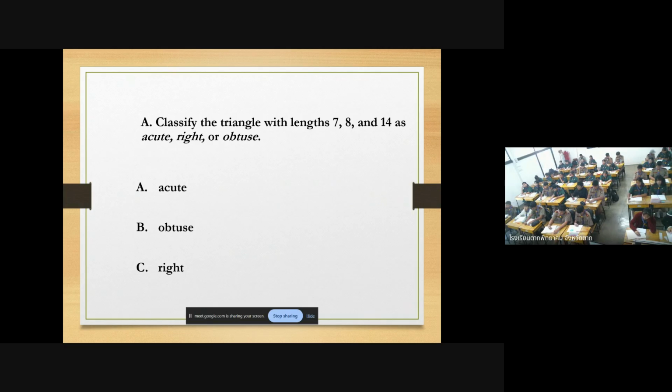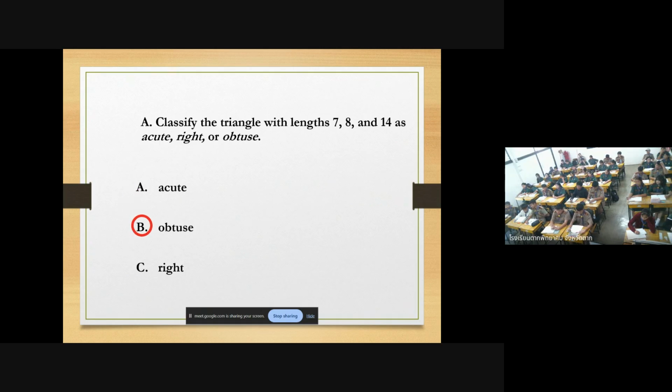What is the answer? Okay, very good. The answer is B.